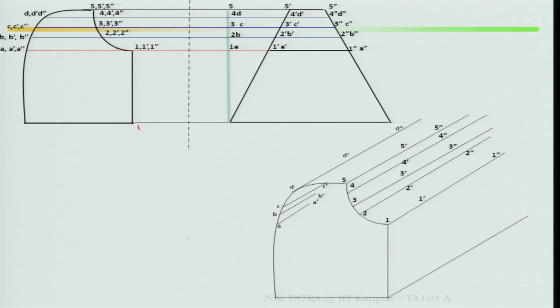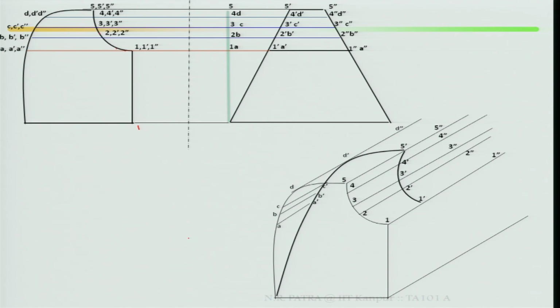If it starts from here, the curved surface goes O, A, B, C, D. After D it is 5, 4, 3, 2, 1. This is your sequence. If you start the same way, I am starting here at O, here it is going A, B, C, D, 5, 4, 3, 2, 1, O, A prime, B prime, C prime, D prime, 5 prime.